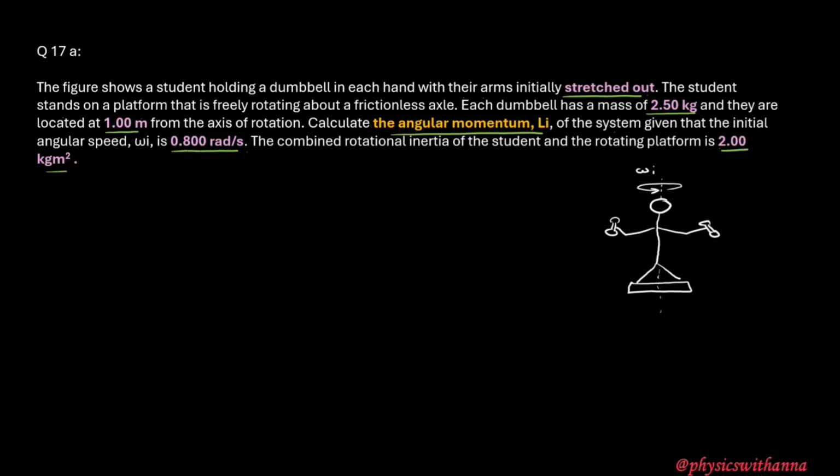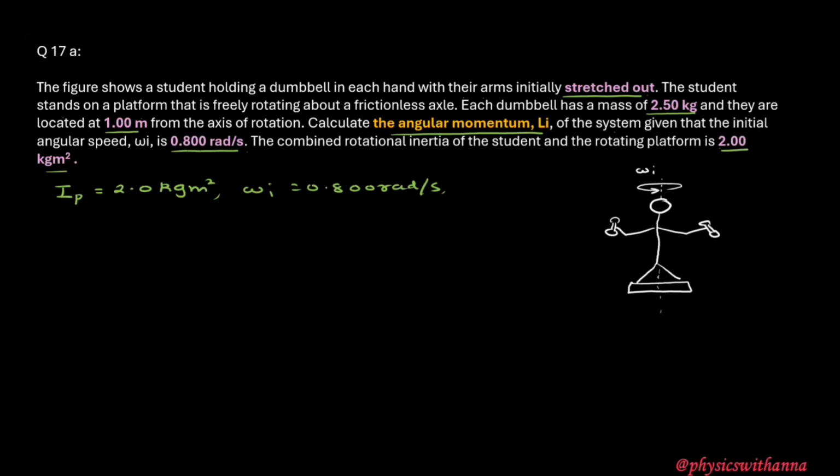So here in this question, we have a student who is rotating on a rotating platform and their combined moment of inertia, which I will write as Ip for the platform and the student, equals 2.0 kg meters squared. And they are rotating with an initial angular speed omega i of 0.800 radian per second.